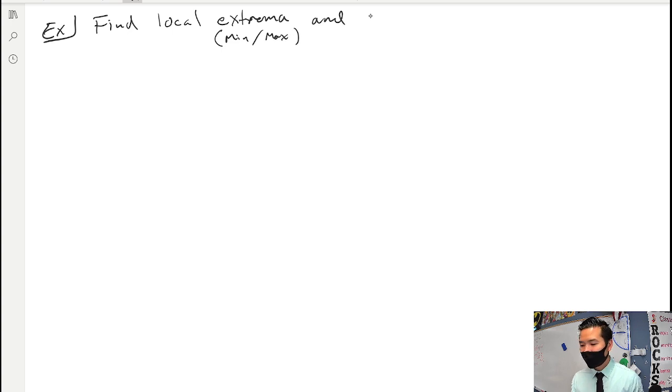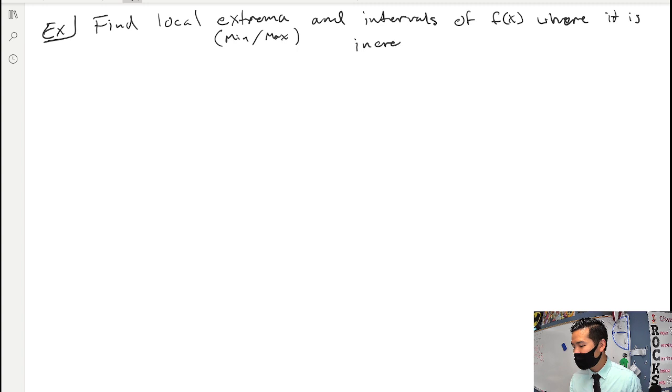And intervals of f of x where it is increasing and decreasing.